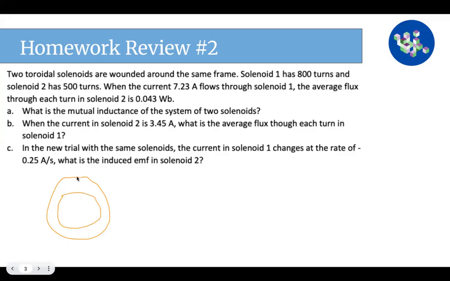Maybe this is my first toroidal solenoid. And my second one, let's draw in a different color. I'll draw solenoid two a bit less dense.